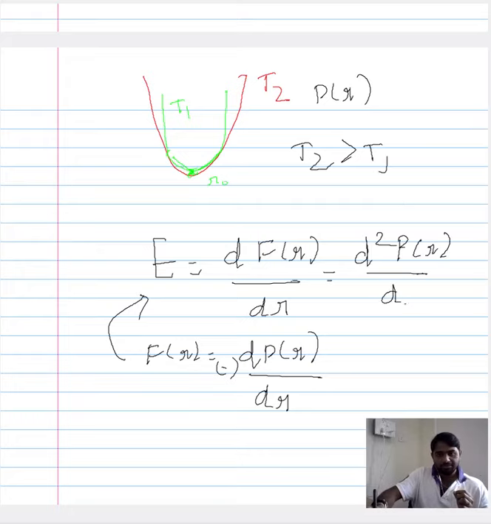So the Young's modulus is nothing but the second derivative of the interaction potential energy. Having this description, let us look into these two curves.